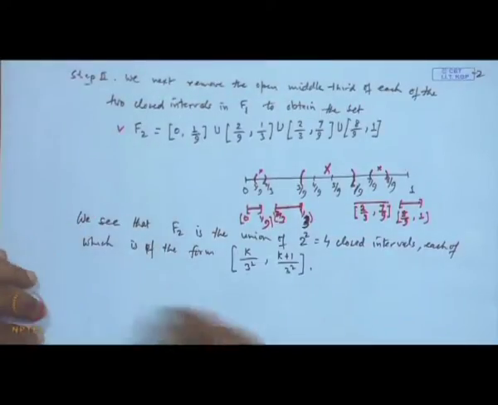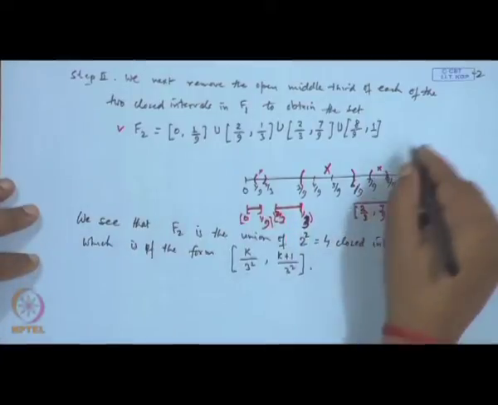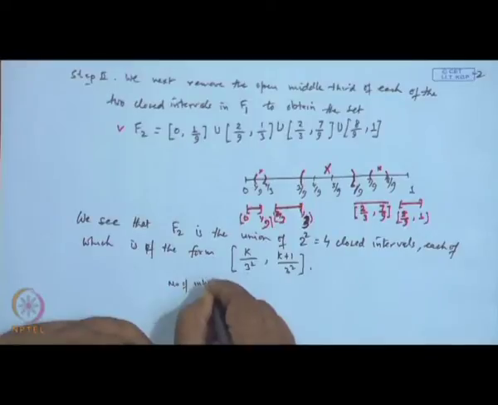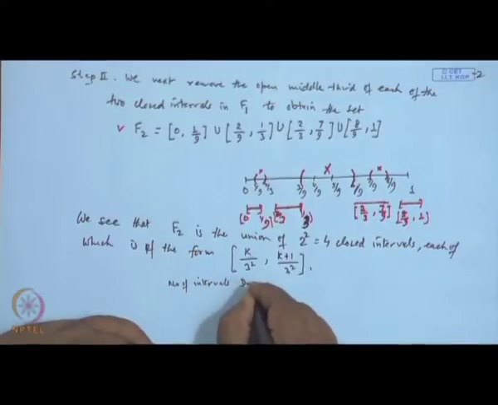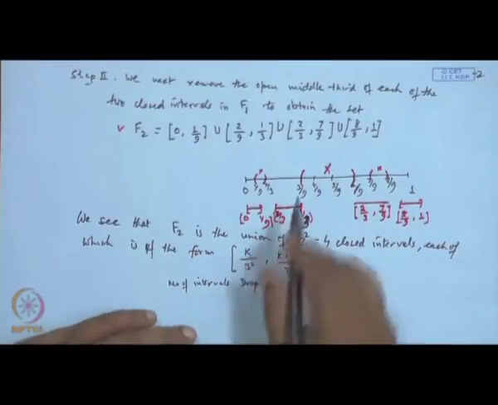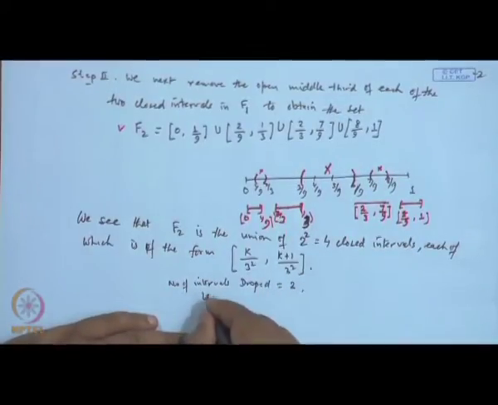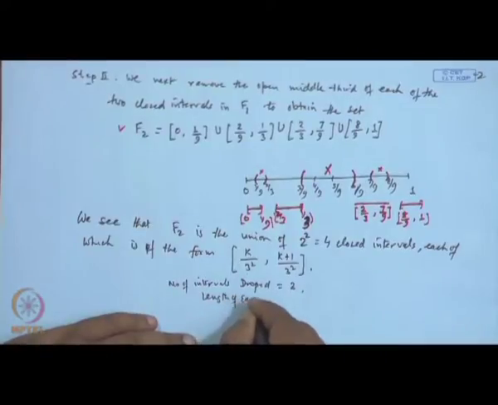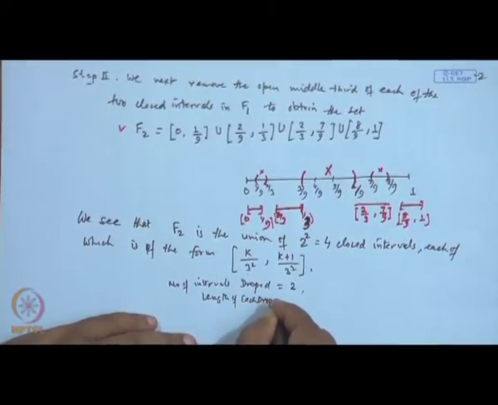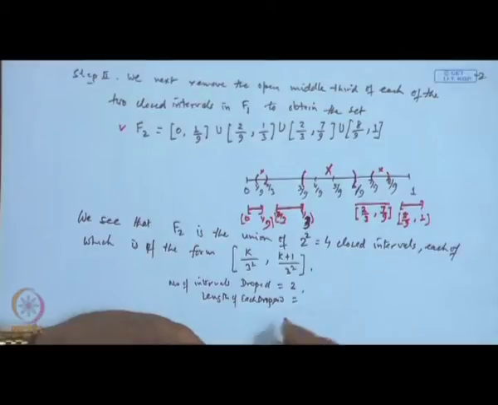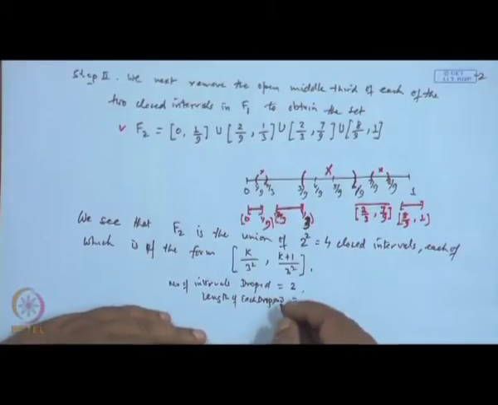Now, here the number of intervals dropped is how many? 1 and 2, and the length of each dropped interval will be 1 by 3 to the power p.